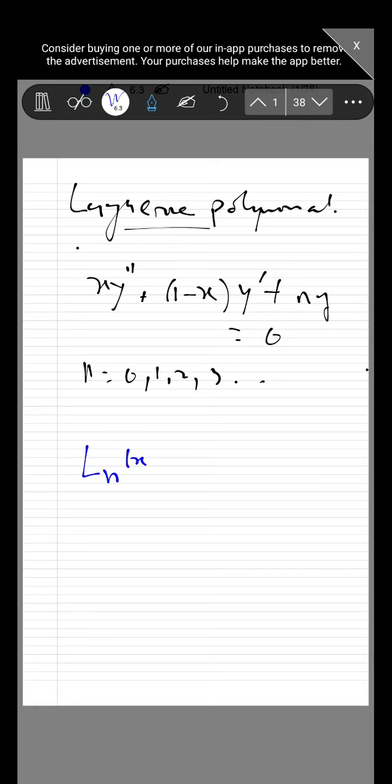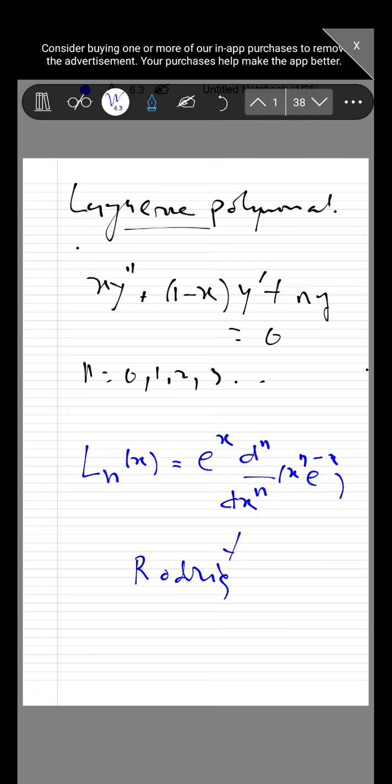We get L_n(x) is equal to e to the power x, d^n by dx^n of x to the power n e to the power minus x, and it is also called Rodrigues' formula, like in the case of Hermite.